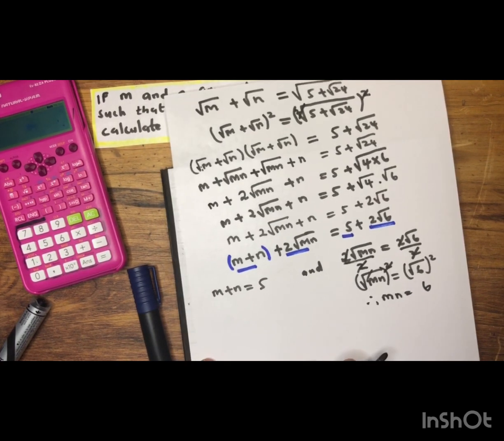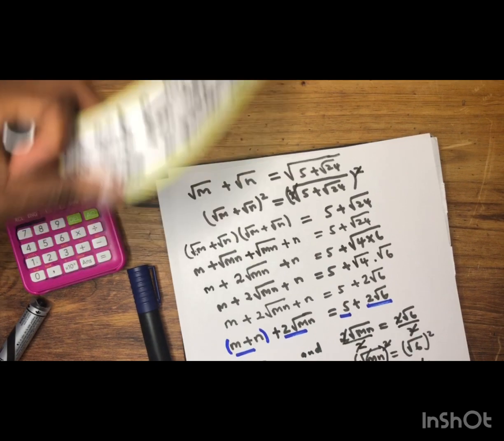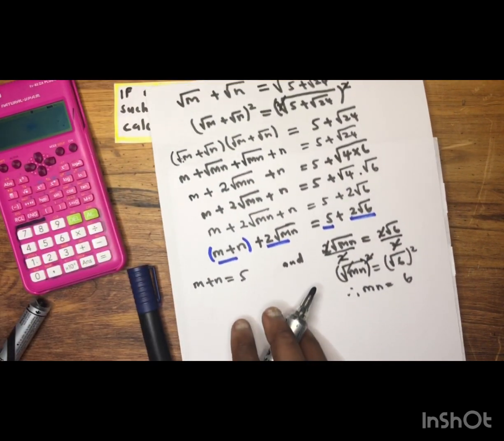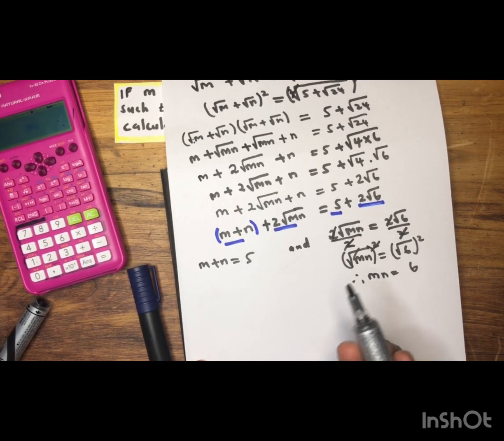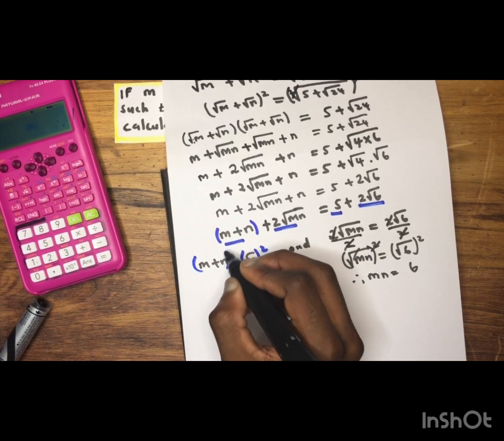Let's go to this one. Now, guys, here we have m plus n. Remember our question, they want m squared plus n squared. Then you ask yourself again, what must you do in order for you to get the squared? Yes, you must square both sides.